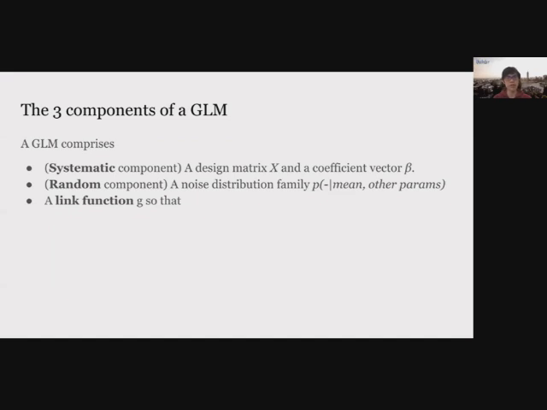Connecting both the systematic and random components is a link function G. And this G gives you the relationship that G applied to the conditional mean of Yi given Xi is equal to Xi transpose beta. So these were the 3 components of GLMs that we saw in the previous lecture.